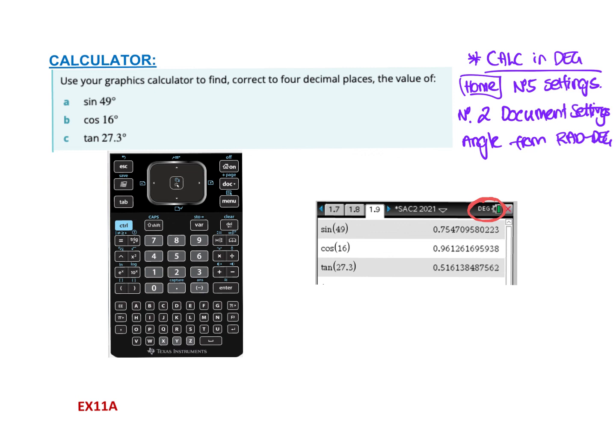Okay, so we've gone in and found the trig function. Here's the trig button, and we selected sine, and we put 49, and here is our number. That's what sine 49 is equal to. It says up here to 4 decimal places, so this one would be 0.754. When you do 4 decimal places, you have to look at the fifth one. If the fifth one is 5 or above, you would round up, but it's not.